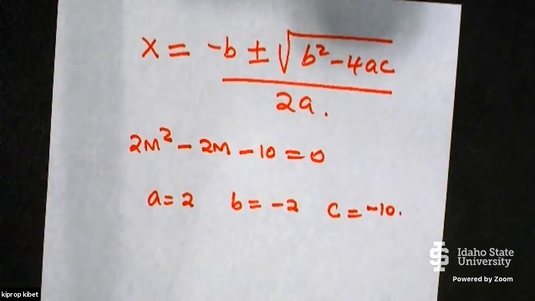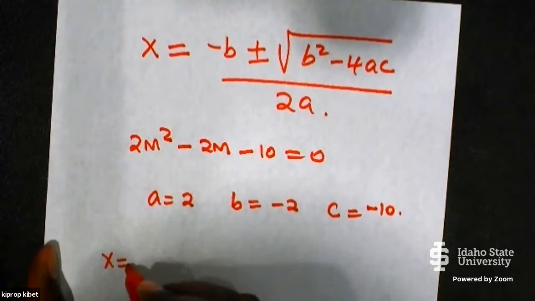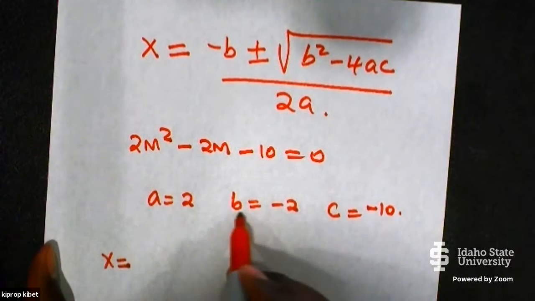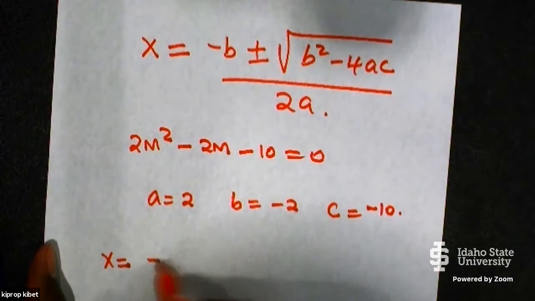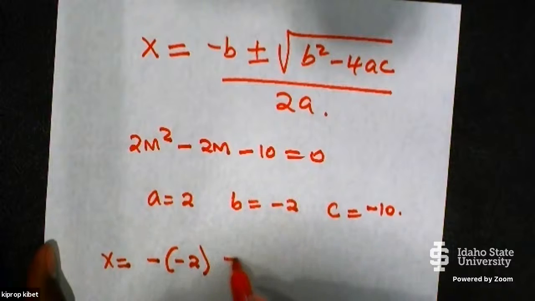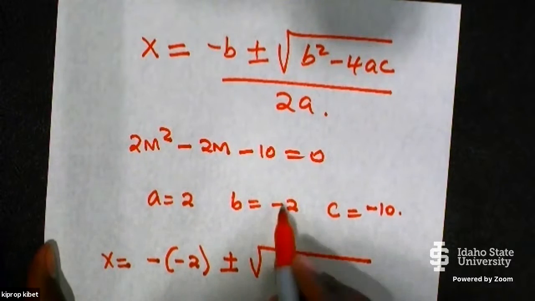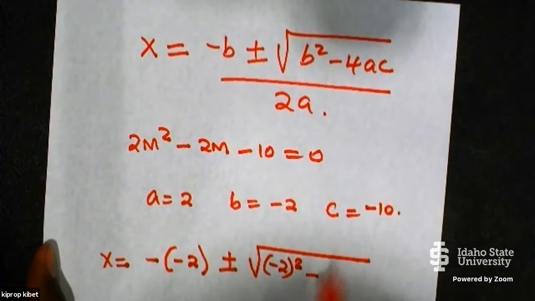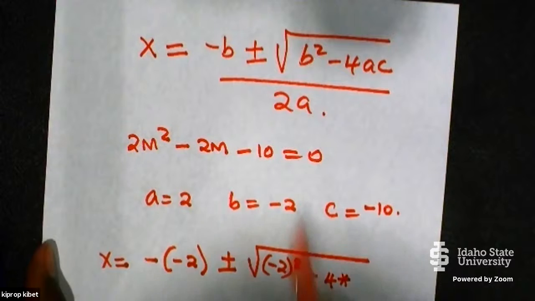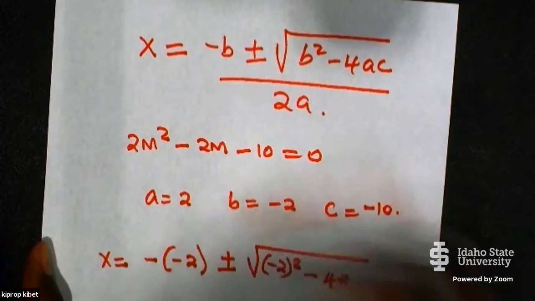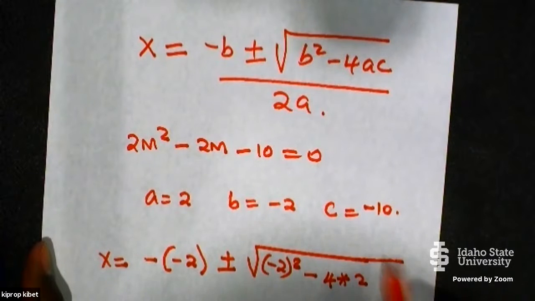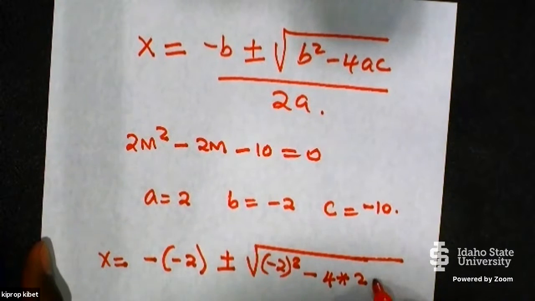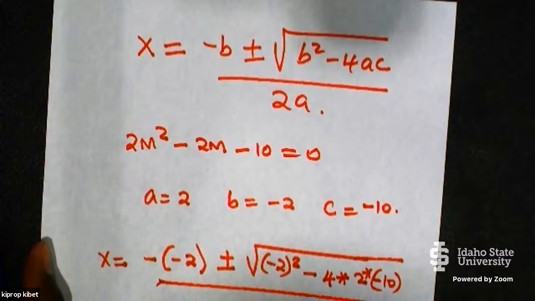So x will now be equal to minus b, so minus minus 2, plus or minus the square root of b, which is minus 2 squared, minus 4 times a, which is 2, times c, which is minus 10, all divided by 2 times a, which is 2.